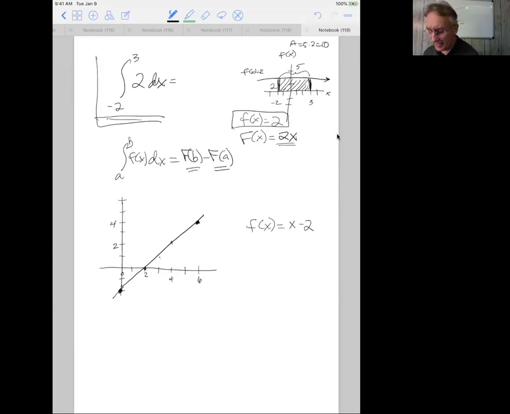So we take cap F of b. Cap F is 2x, and we're going to stick b in it. b is 3. So I've got 2 times 3 minus cap F of -2, which is 2 times -2.